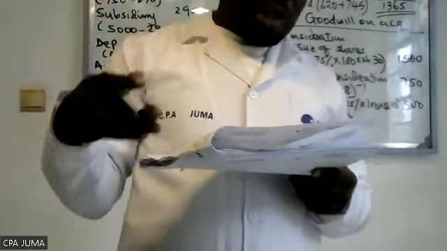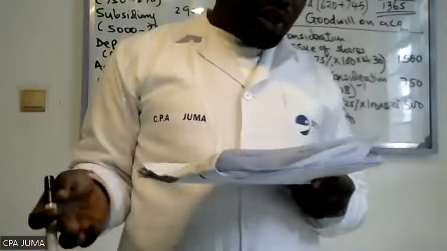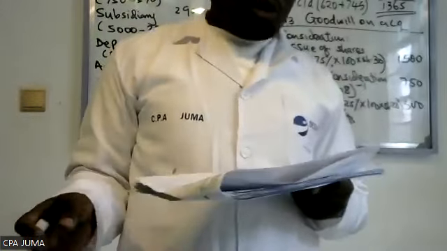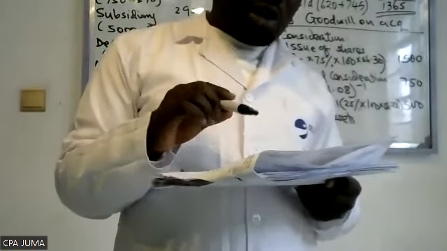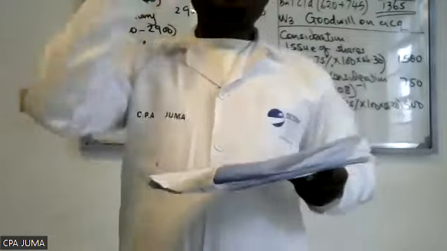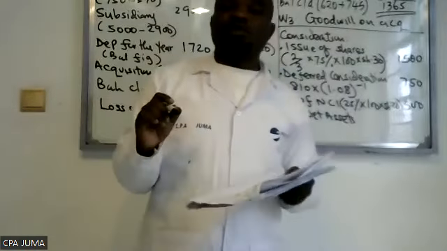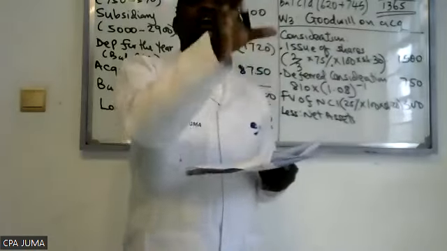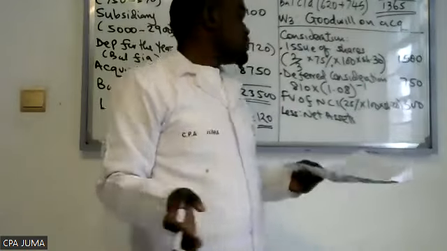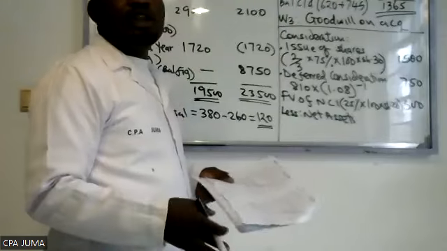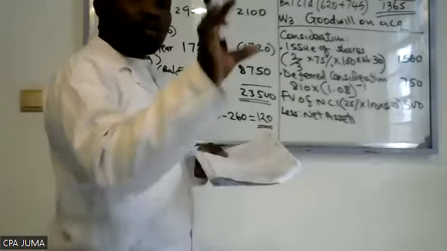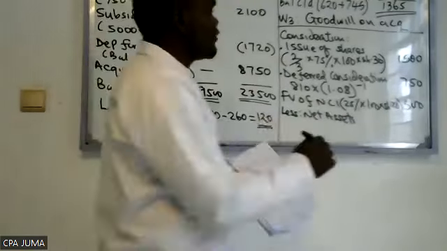So they took the PPE, they added inventory, they added trade receivables, they subtracted payables. Then they got a figure there of 2,500. I hope everyone sees that 25. That 25 is the net assets for acquisition. Assets minus liabilities is net assets. So there is no need of disturbing yourself adding equity components. So you take those assets minus liabilities, which is 25.